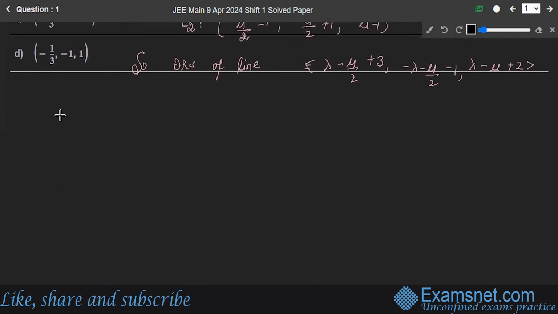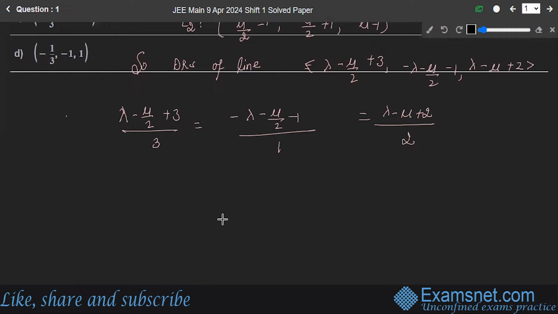Therefore, lambda minus mu upon 2 plus 3 upon 3 is equal to minus lambda minus mu upon 2 minus 1 upon 1 is equal to lambda minus 2 plus mu plus 2 upon 2. Right? Let's consider these two first.